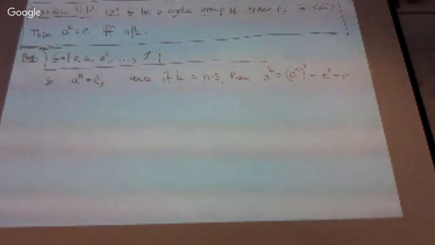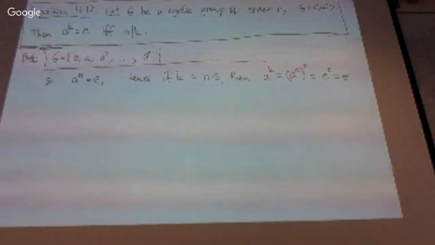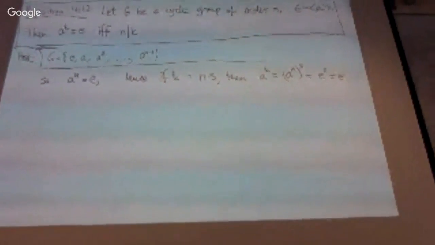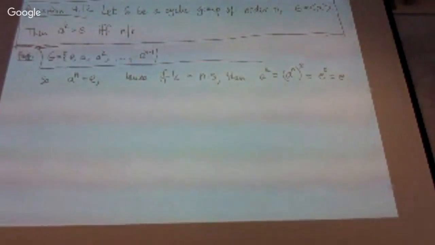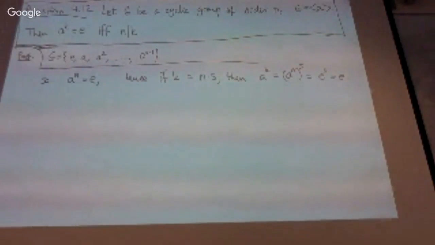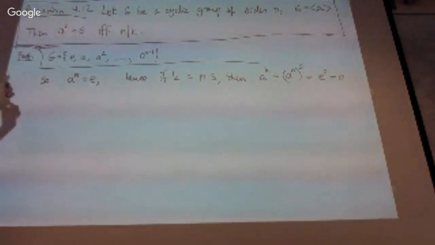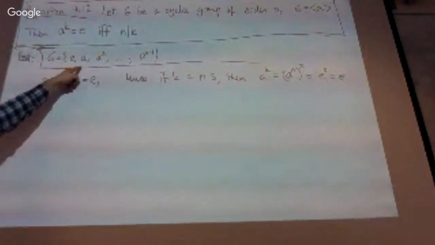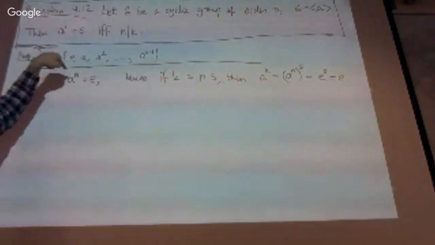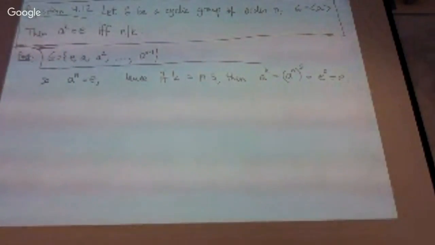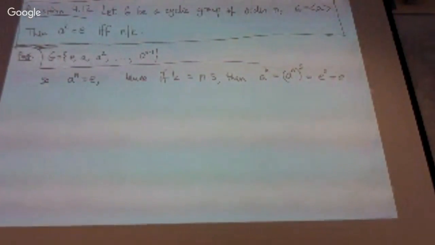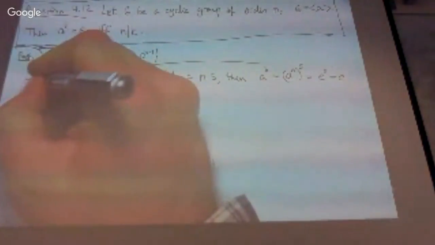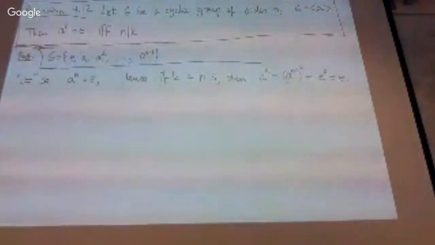Why have we got a to the n? Because k is effectively n. It's part of the proof. It's generated by a, so a is there, and once you run out, you go to e and start again. This is why it's called cyclic. So this proves the if.